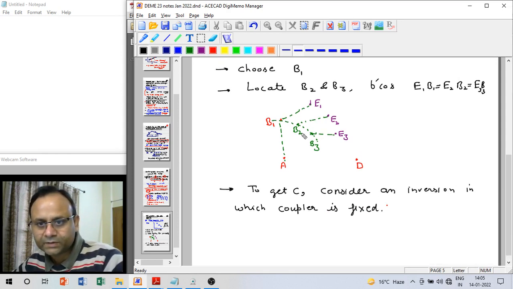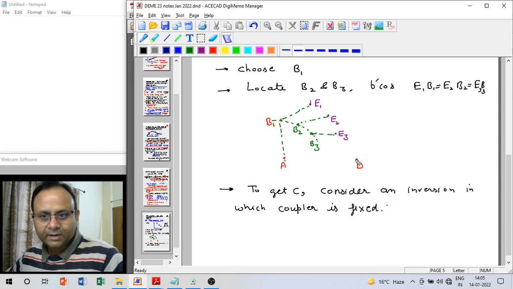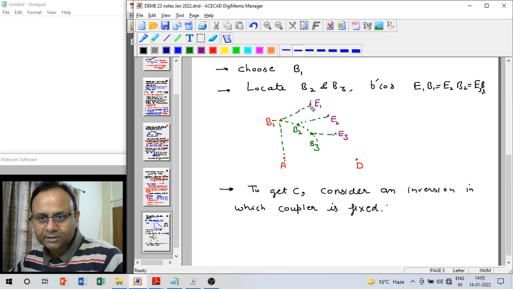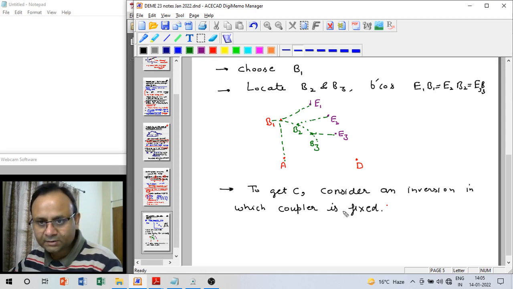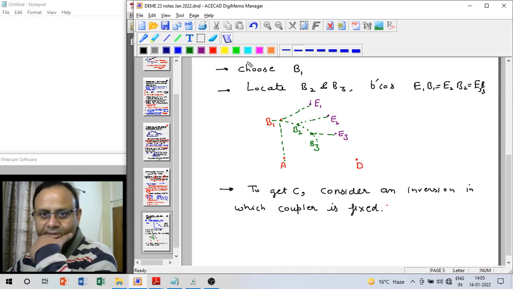So if you fix the coupler, that means now AD is not fixed anymore and point D can move, and D will move. You'll have positions of D as D1, D2, D3. And A will also move, but B and E, they will not move. Now how to consider this kinematic inversion, and we'll see how that inversion will give us point C. That is what we want to get.